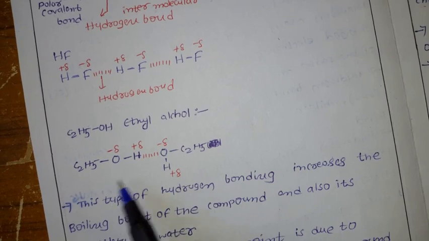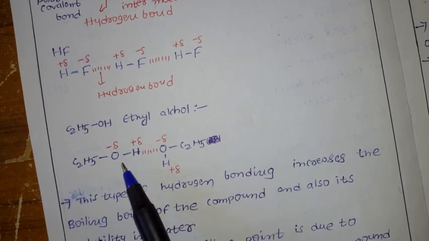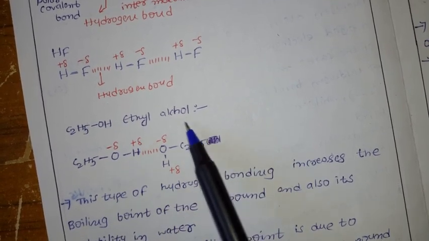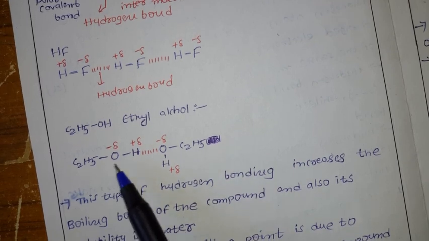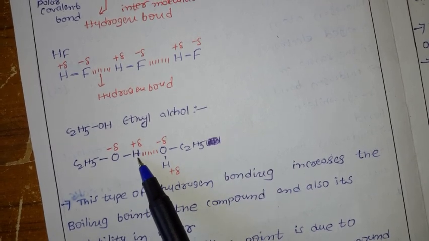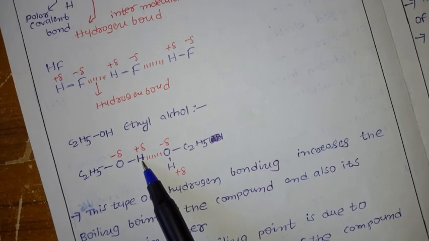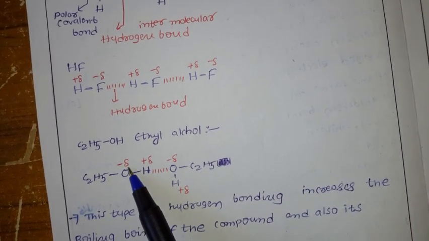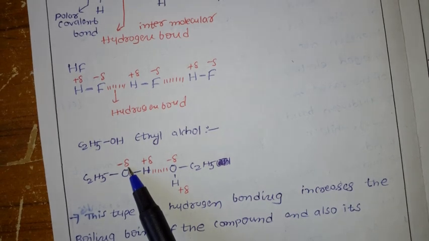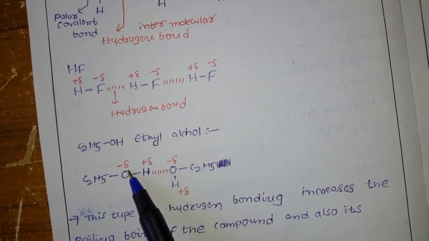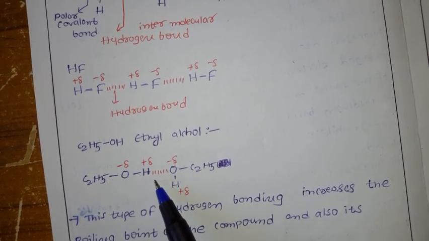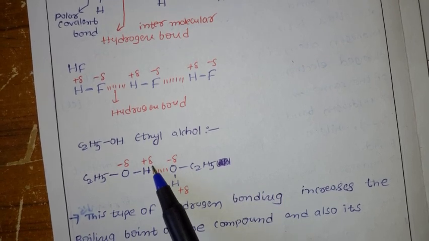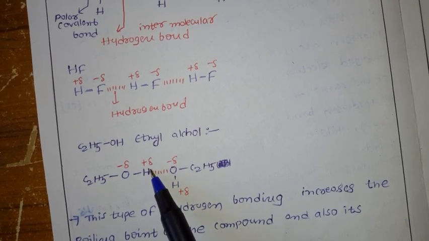Like that, if you take ethyl alcohol, what is the formula of ethyl alcohol? C2H5OH. Here this is one molecule, this is another molecule. In between, we have a polar covalent bond. So you are going to get a partial negative charge on the oxygen, because it has high electronegativity, and hydrogen has a partial positive charge, because it has less electronegativity.